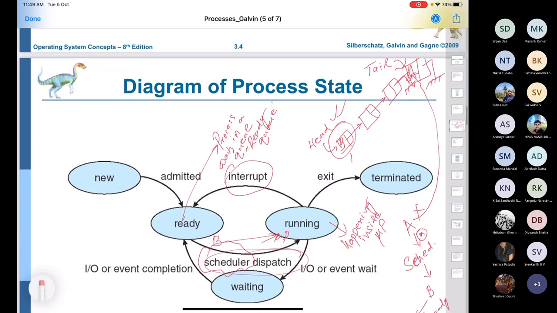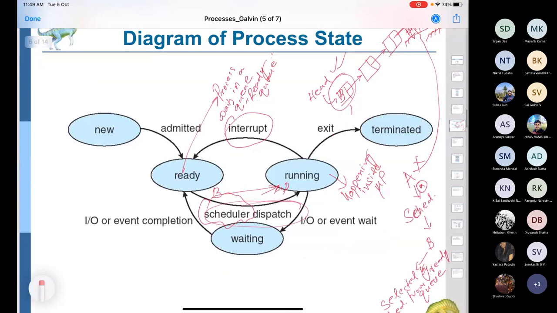After B starts running, it can also happen that it exits normally. So it goes to the terminated state and it just goes out of the system. Basically, all its memory resources are freed, and the operating system completely destroys the memory image of the process, releases all memory held by it, releases the process control block that it was holding, etc. However, a more common event is an IO or event wait.